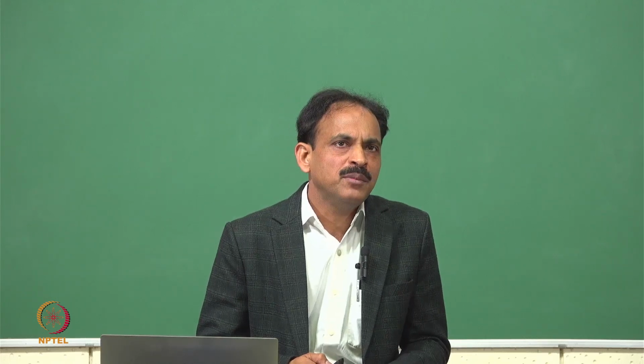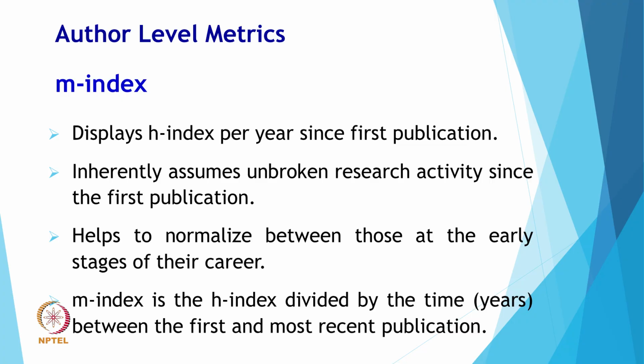Now let's talk about the m index. The m index is another variant of the h index that displays the h index per year since the first publication. The h index tends to increase with career length, and the m index can be used in a situation where the h index has a shortcoming, such as comparing researchers within a field but with very different career lengths.